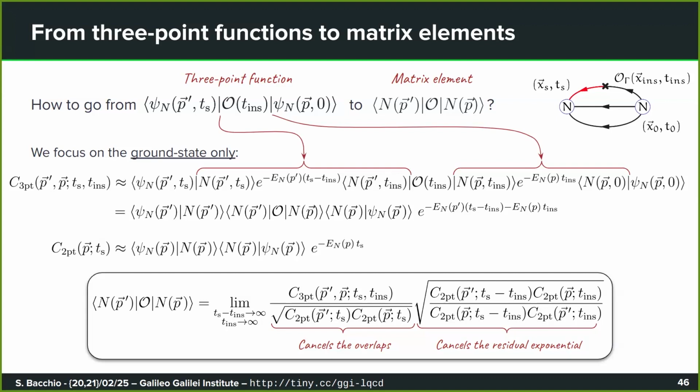Then for the energies, there is some more stuff here because of the dependence, etc. If you want to completely cancel the energies, you do this square root, and this cancels all the exponentials. Basically, this ratio looks complicated, but it's the same thing you did with the two-point function. It's a ratio of the three-point function and the two-point function. If you compute this ratio at large source-sink separation, you get this. And this is everything we want, okay?